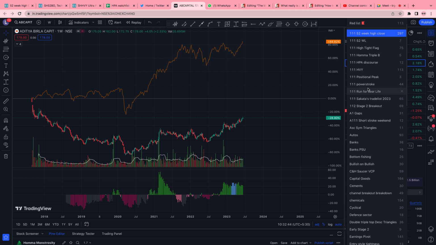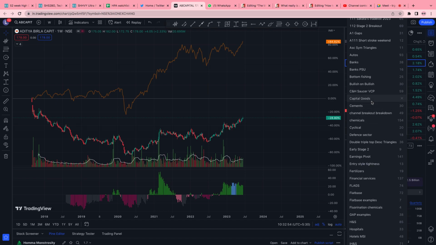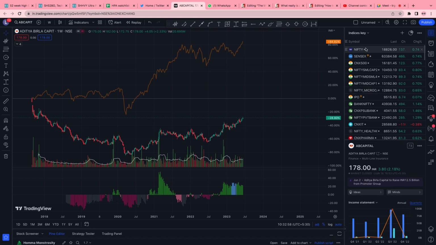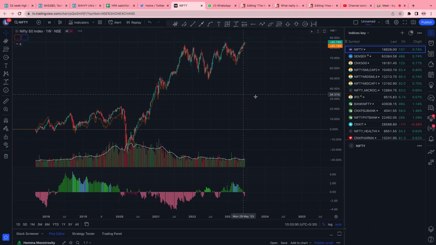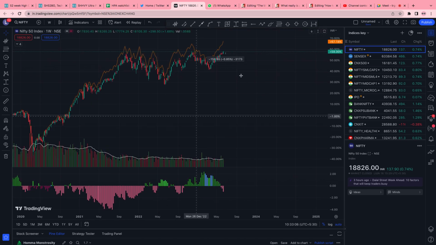So then the screening will just be in the initial part of that rally, right? So let's go and look at the indices first. First of all, I will tell you the layout of the chart today.